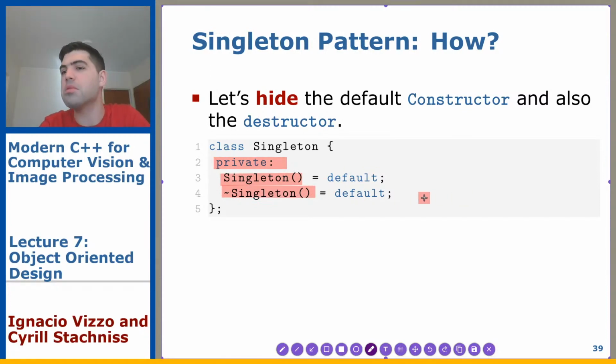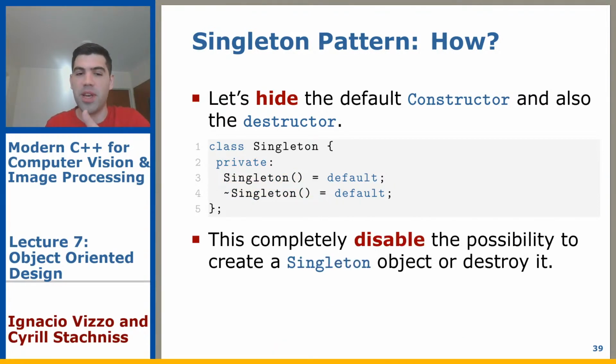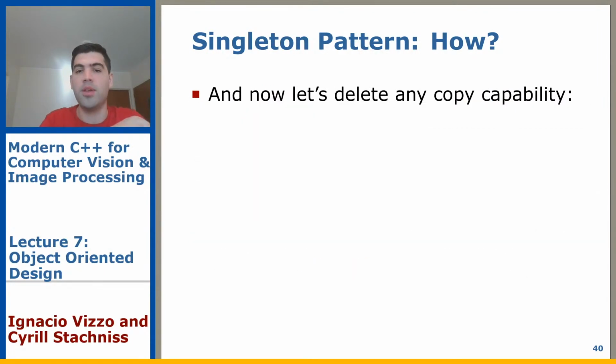You don't provide a specific implementation, but you make this private. With this, you are forbidding anyone to create a Singleton object. So for now, you just hide the constructor. If you want to create an object, you will have a compilation error, right? This completely disables the possibility to create a singleton object or to destroy it. So good, first of all, we are going good.